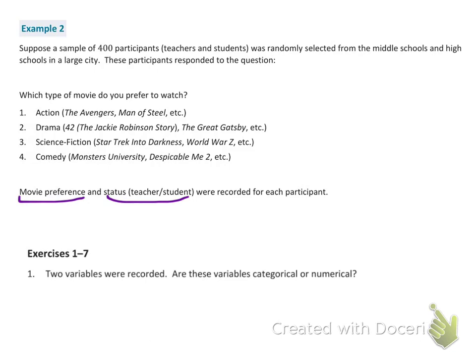These are categorical variables, right? Because they represent categories. Teacher and student are 2 categories. You're one or the other. Movie preference has 4 categories within that variable. So it's a variable that has categories, not numbers. But we're going to record frequencies for these variables.